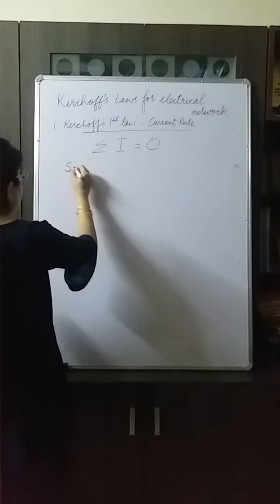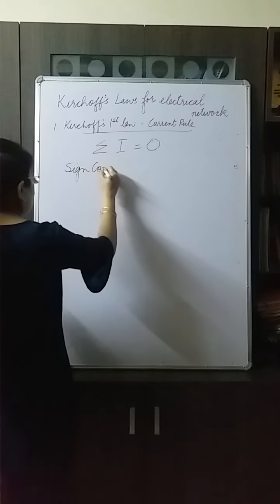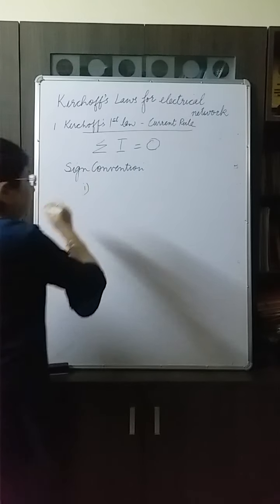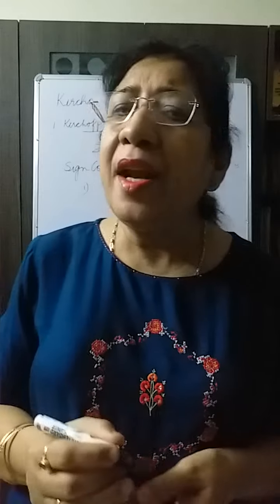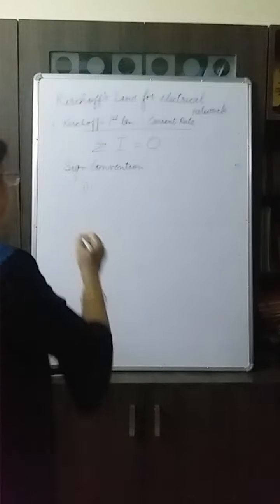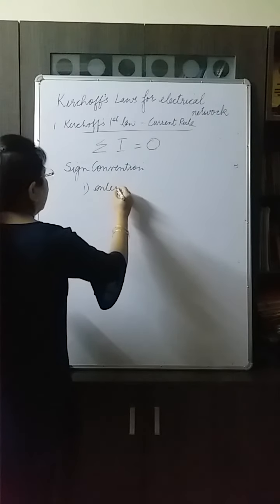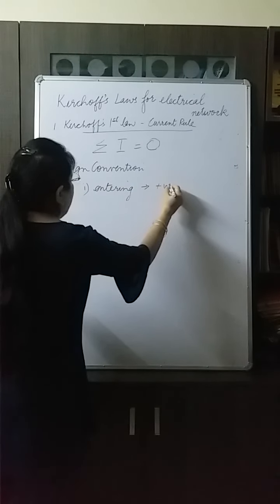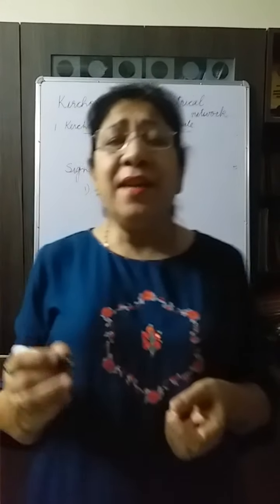The sign convention will be: if the current is entering a junction, then the current is taken to be positive. And if the current is leaving the junction, we can take it as negative.